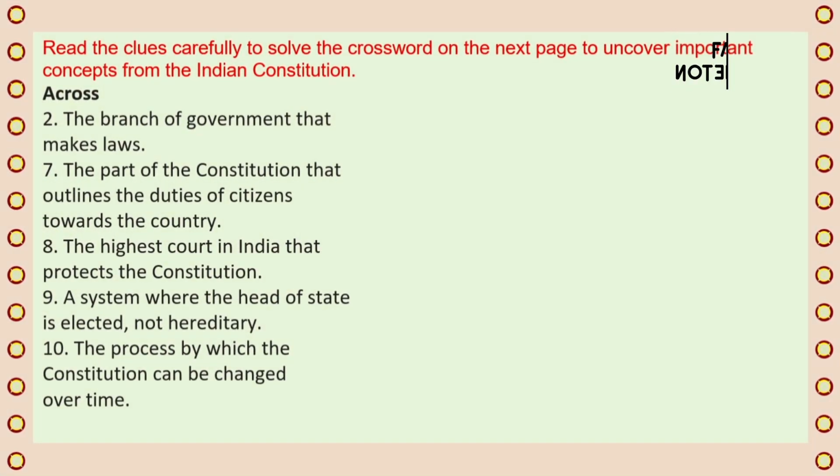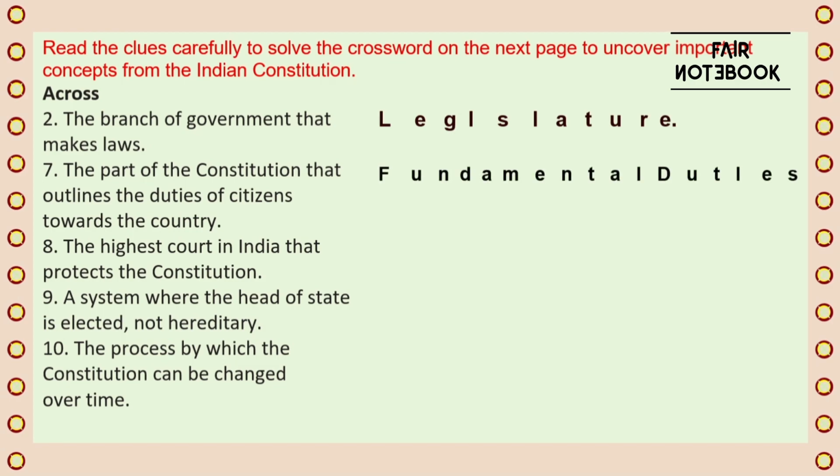Read the rules carefully to solve the crossword on the next page to uncover important concepts from the Indian Constitution. Across: The branch of government that makes laws, legislature. The part of the Constitution that outlines the duties of the citizen toward the country, fundamental duties.